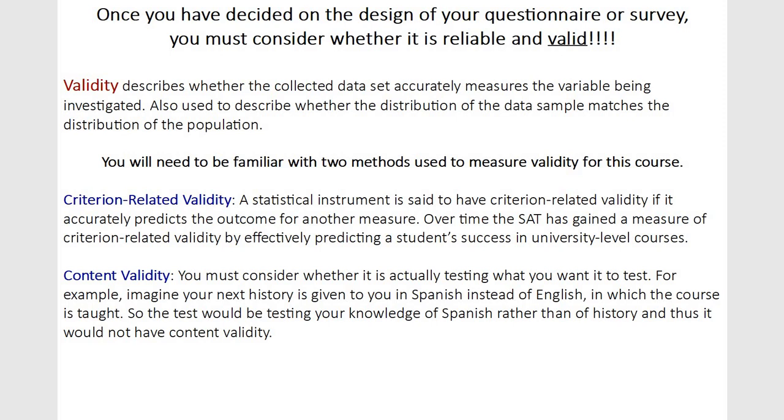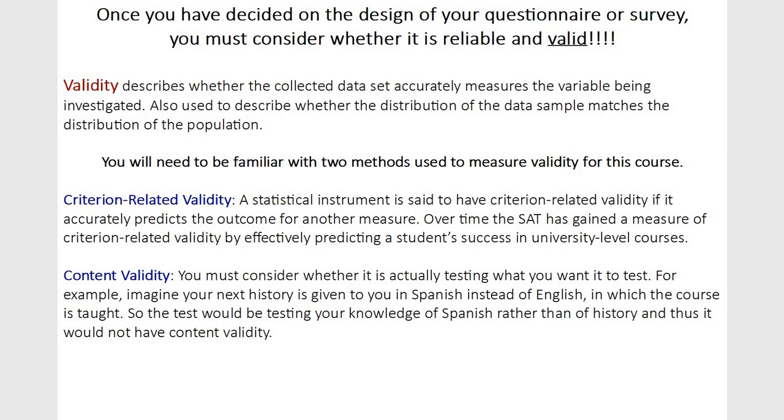Like the SAT has criterion-related validity on students' performance at college. It accurately predicts, so this is something that happens over time, because you'll see if the results are true.